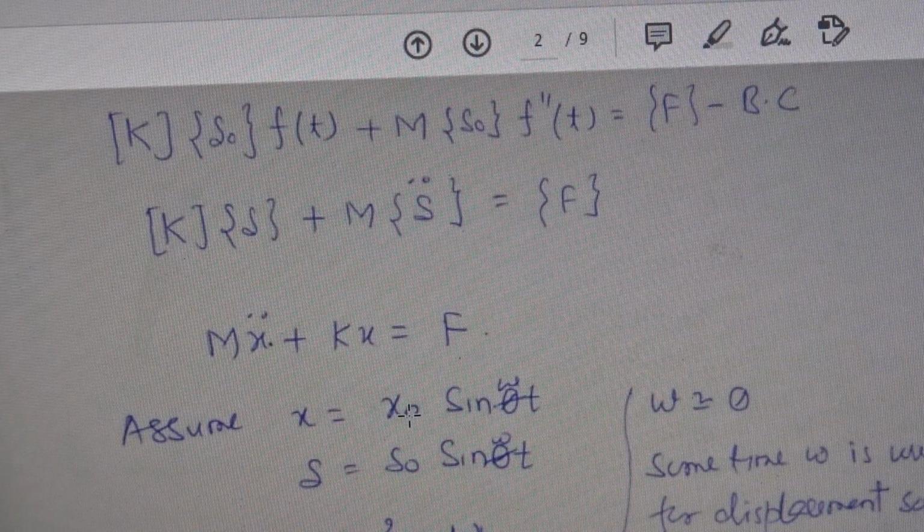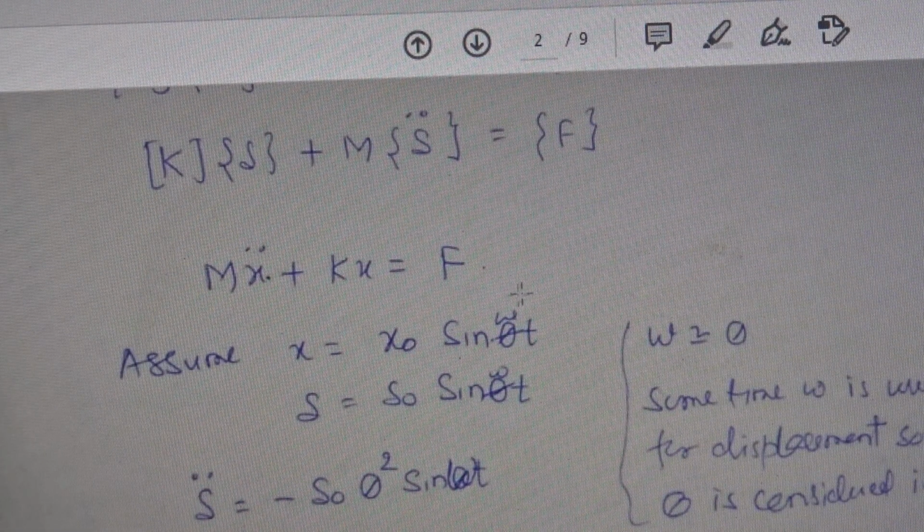X is equal to delta naught, suppose delta naught sin omega t. Here w is sometimes used for the displacement, so theta is considered instead of w.